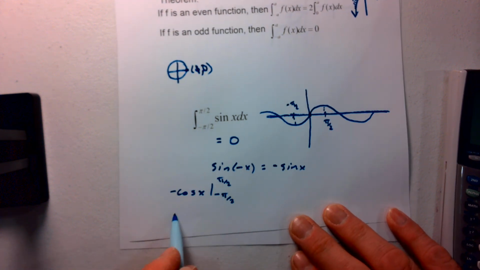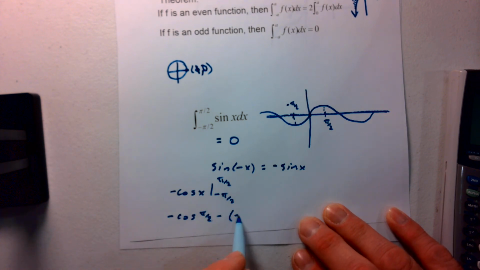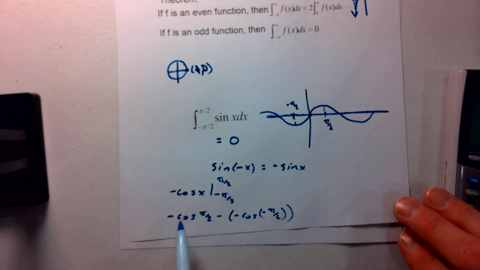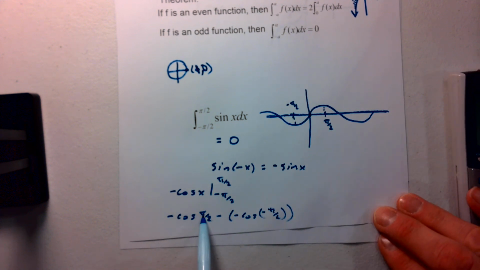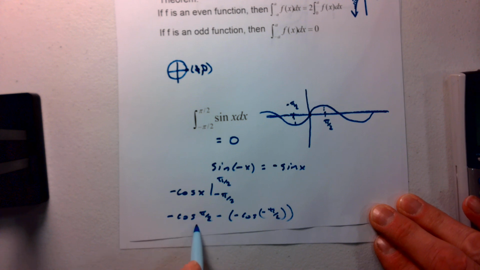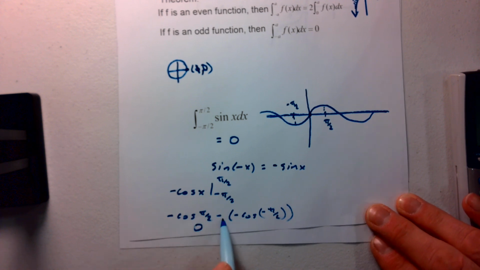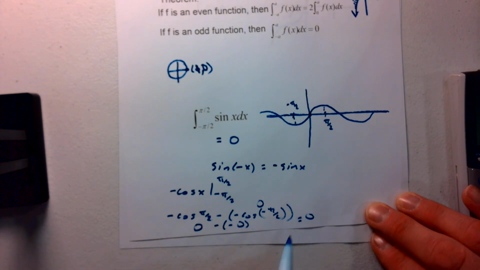Well, if I plug in my pi over 2, I get the negative cosine of pi over 2 minus a negative cosine of negative pi over 2. And again, we can think about the cosine of pi over 2. Cosine of pi over 2 is 0. And then minus cosine of negative pi over 2. Cosine of negative pi over 2 is 0 as well. So we have the minus a negative 0. 0 plus 0 gives us 0, doesn't it?